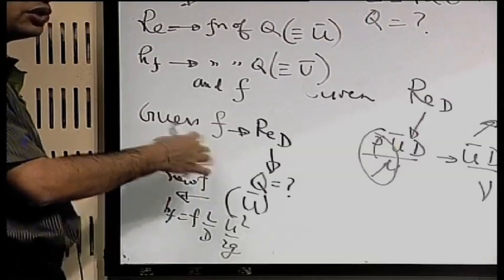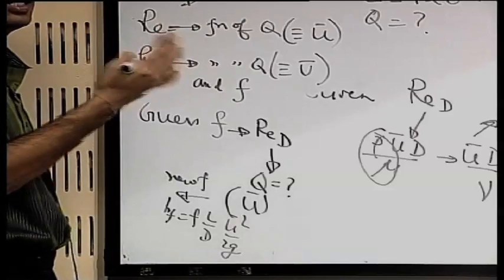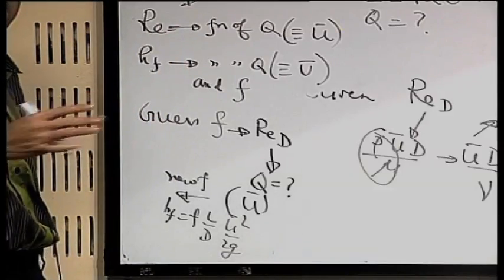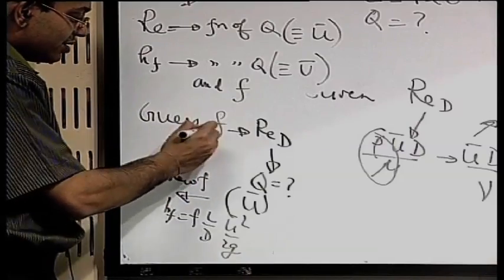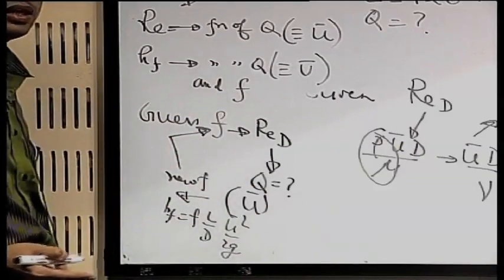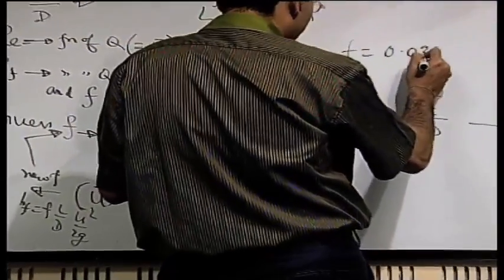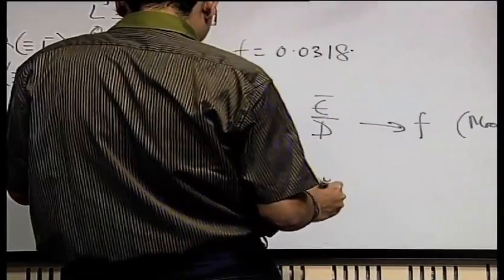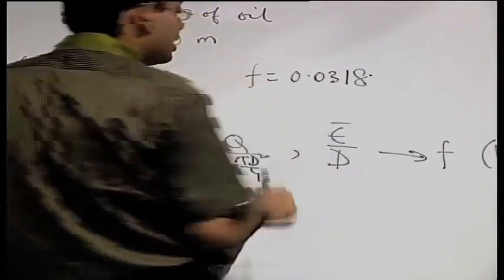If this new f fortunately matches with the old f, then obviously your iteration has converged at once, but nobody will be that lucky until and unless you know the answer. So with this new f, you repeat this cycle till you get the convergence, and the answer to this problem is f is equal to 0.0318, that is the converged friction factor that you get, and from that you can calculate what is the Q.